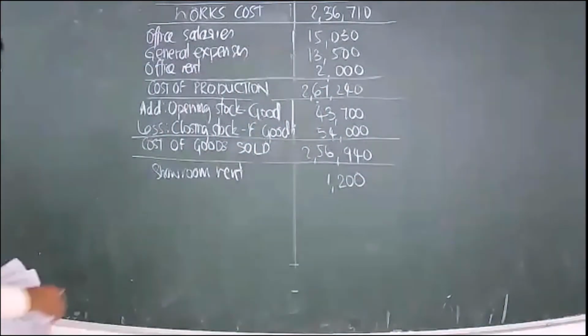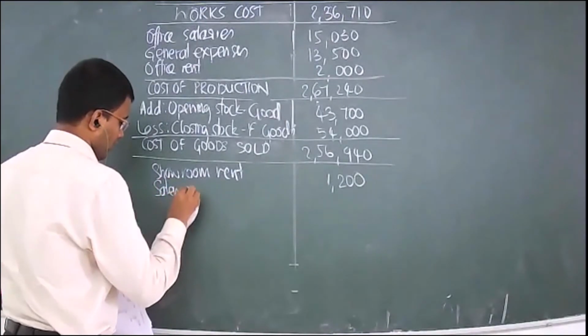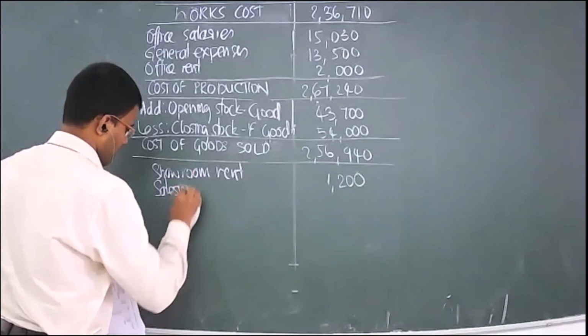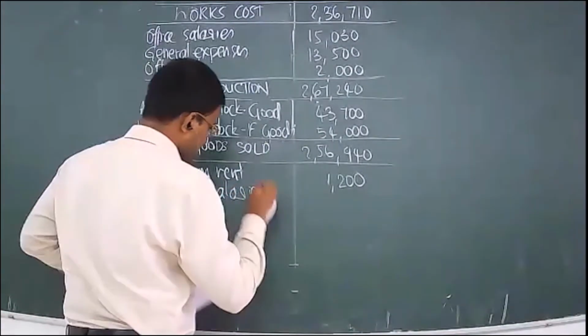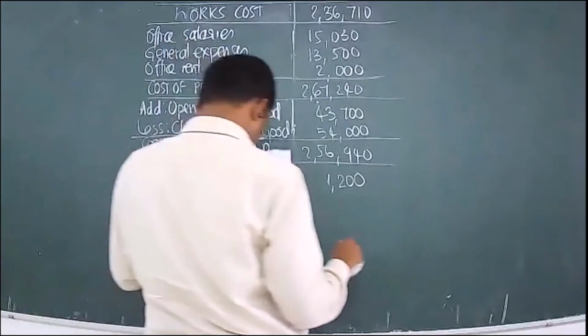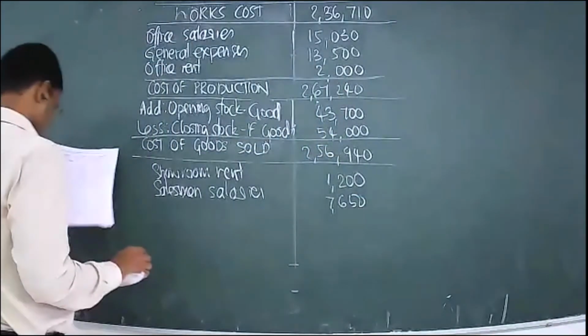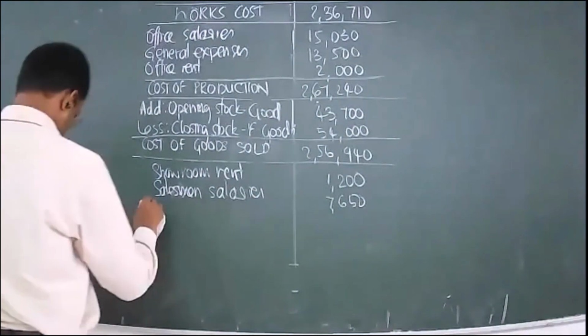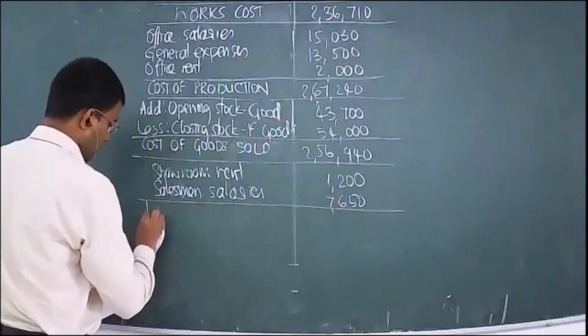Then we have the salesman's salaries, which works out to be 7,650.